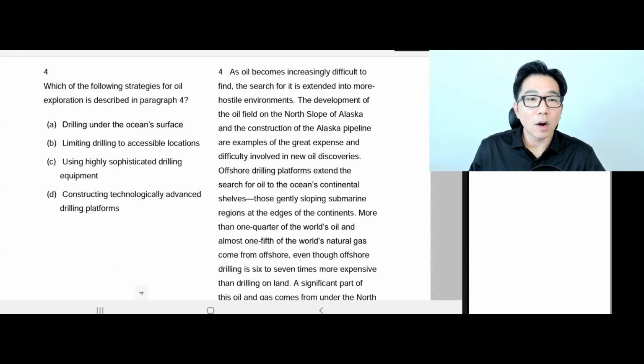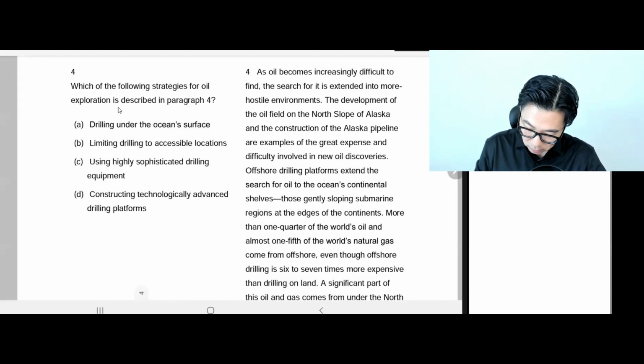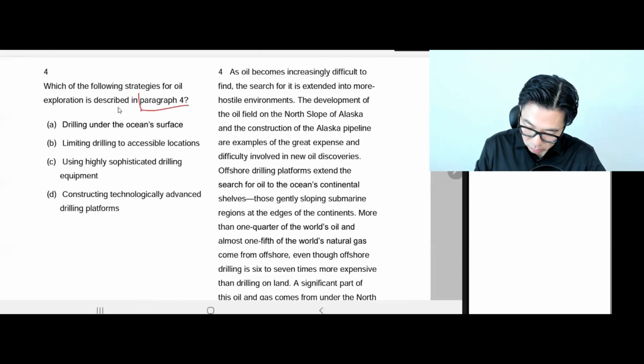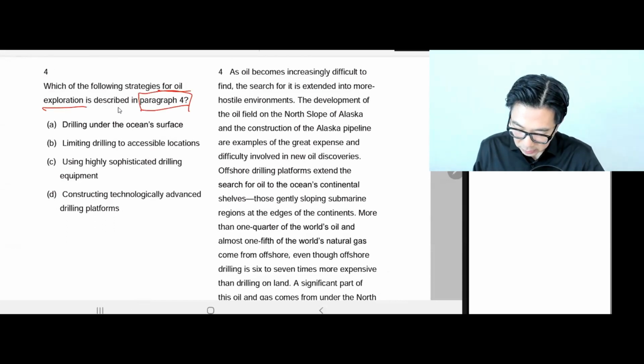Okay, question 4. Which of the following strategies for oil exploration is described in paragraph 4? So it's a factual question. What types of oil exploration were described in this paragraph? Let's read on. Paragraph 4.